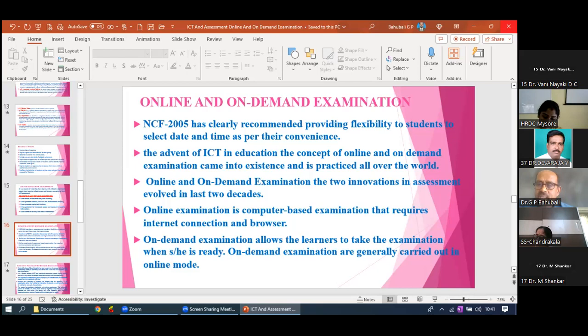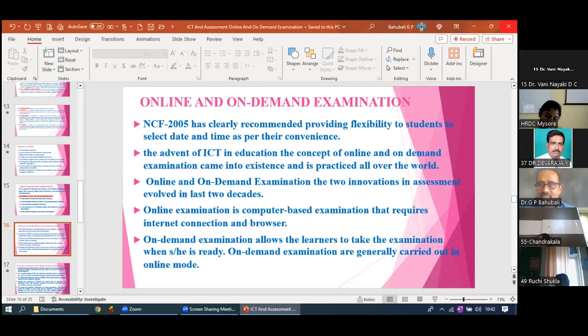But this is against the concept, because conventional is rigid to the time, rigid to the date, and never gives freedom to the learner or the students. So, giving the student flexibility to select date and time as per their convenience, the NCF 2005 has recommended the concept of on-demand examination. What is an on-demand examination?